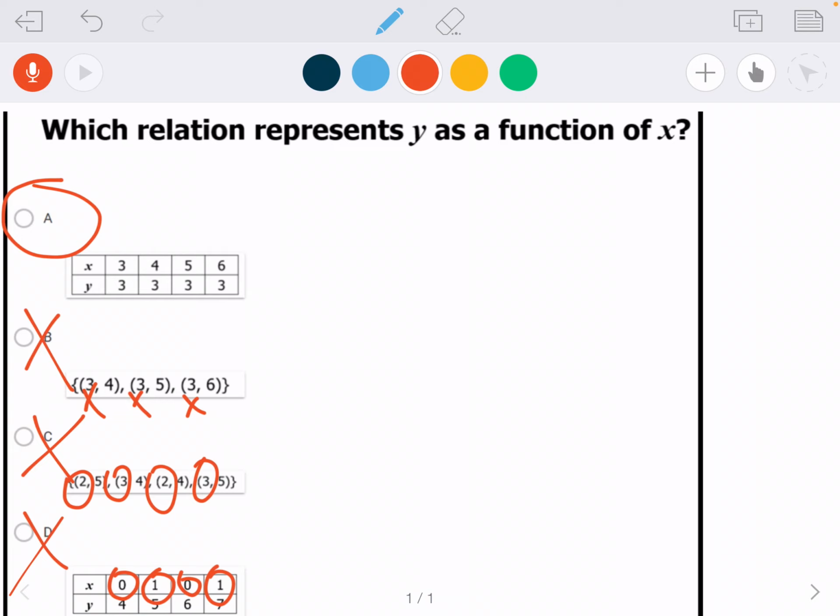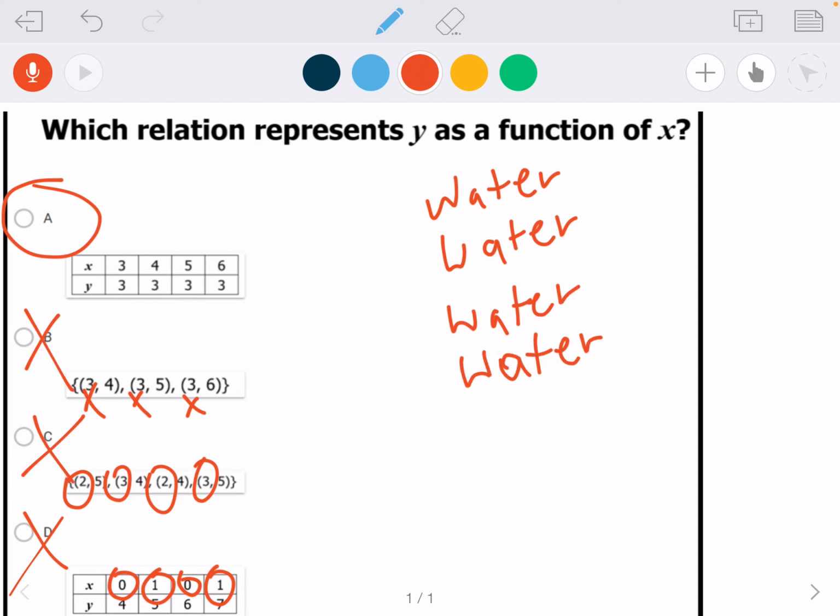In A, all of the y values are the same, but that is okay. Think about the vending machine, going back to it. A lot of vending machines have multiple buttons for water. I know I'm getting a little abstract, but say there were 4 buttons for water on a vending machine.